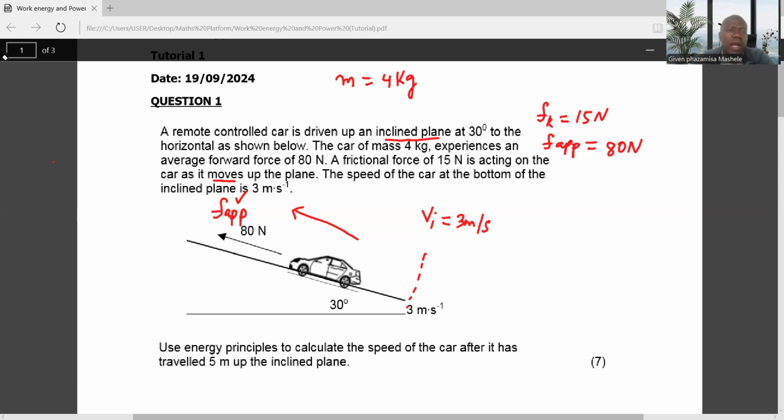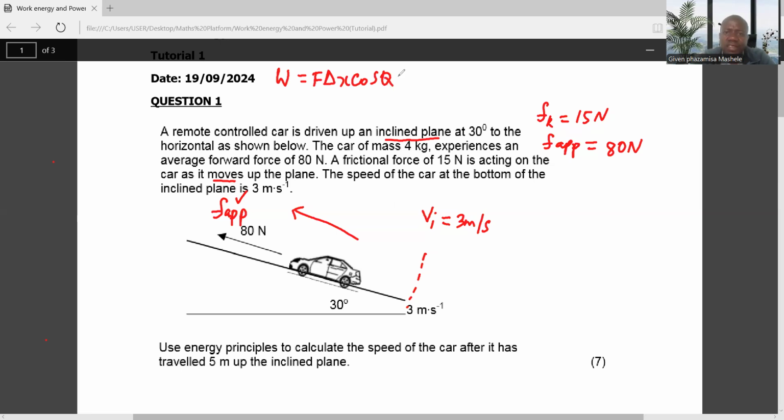All right, number one, we know that when we are dealing with work, energy and power, we need to familiarize ourselves with the following formulas. The first one is the work done, where we calculate the work done by the force, which says the work done is the force multiplied by the displacement multiplied by the cos of theta.